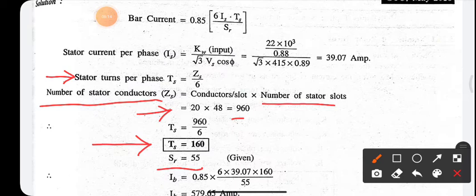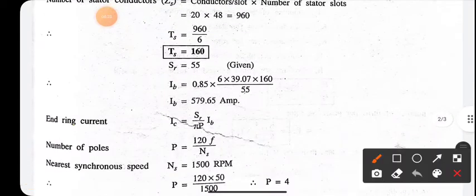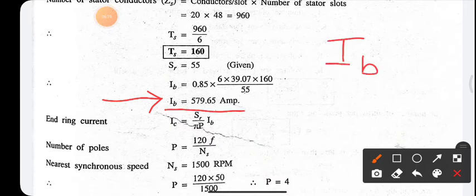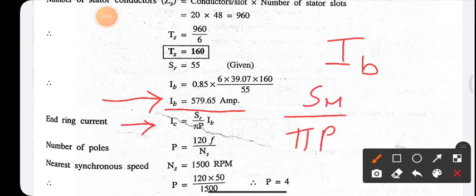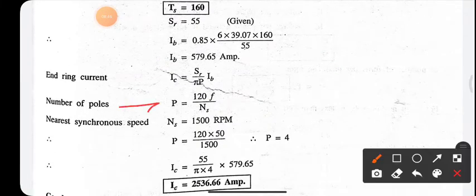Sr, that is the number of rotor slots, is already given to us, and the value of Is we have already found. So when we place all these values in the equation of Ib, we get the value of the bar current. That was the first thing that we needed to find. Now the end ring current. End ring current is given by Sr upon pi p into Ib. The number of poles is given by P is equal to 120F by Ns, where Ns is 1500 rpm.